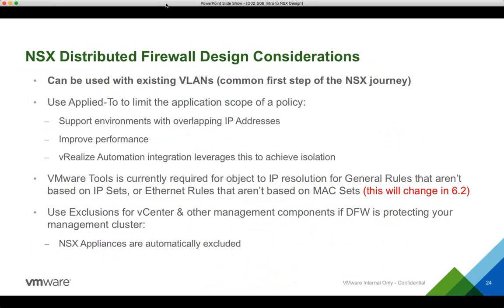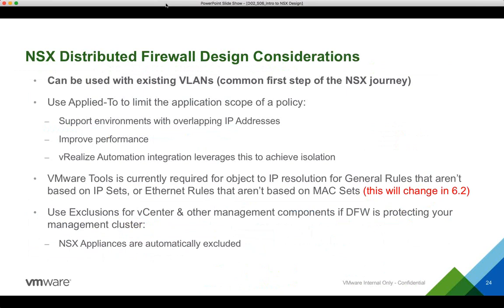So, distributed firewall design considerations. Using the applied to field limits the scope of the policy. Now we say that your distributed firewall only publishes the rules to the VMs that are on that host at that time. That is true, but if you scope the policy down, it cuts down on some of those rules that may be around that don't need to be.